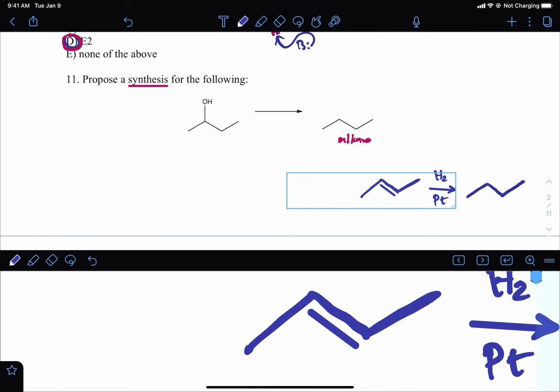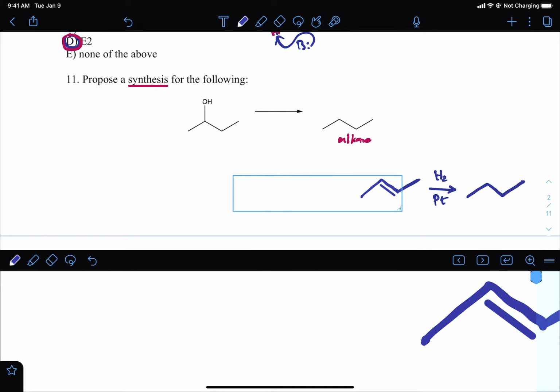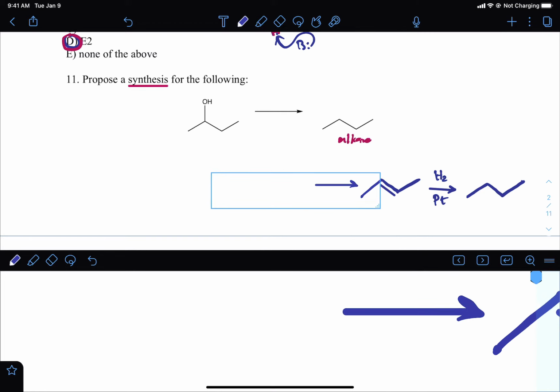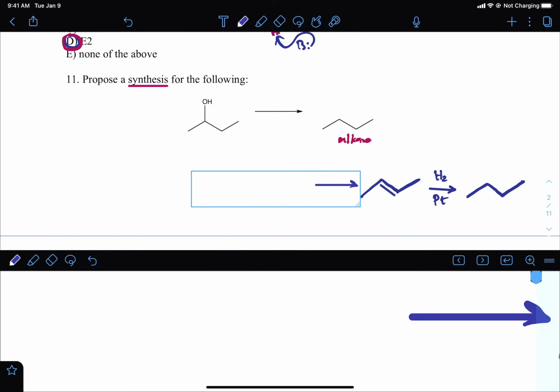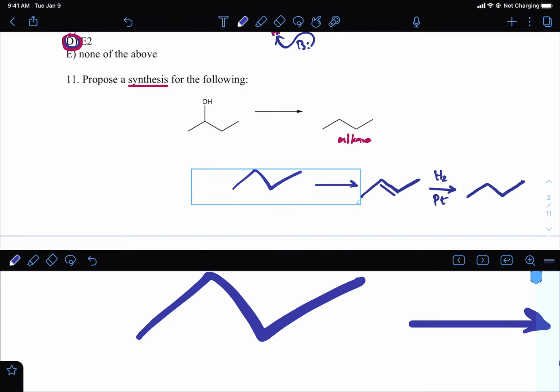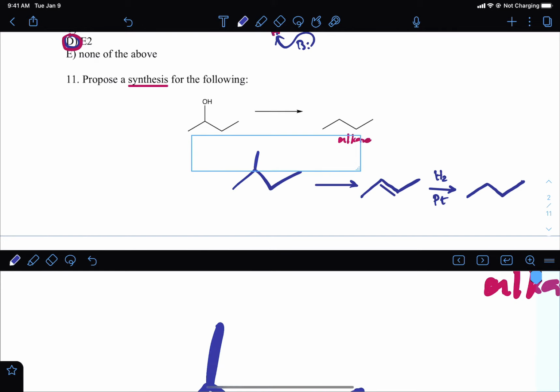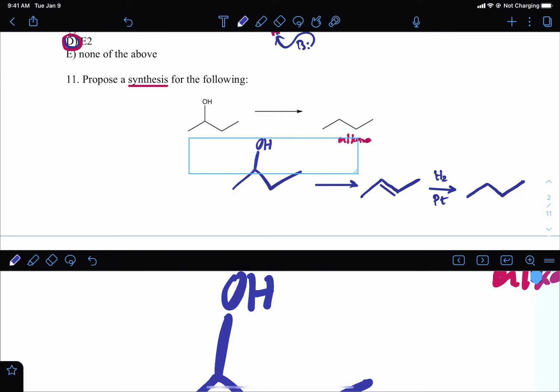If our second to last step, we have to have an alkene, how can we get there? So we actually know a reaction or a type of reaction that would convert the alcohol into the alkene. It's called dehydration.